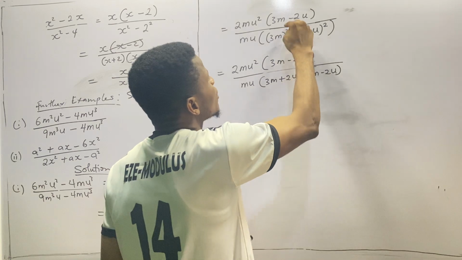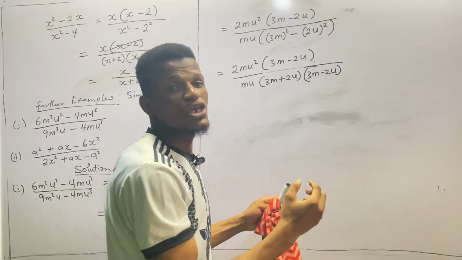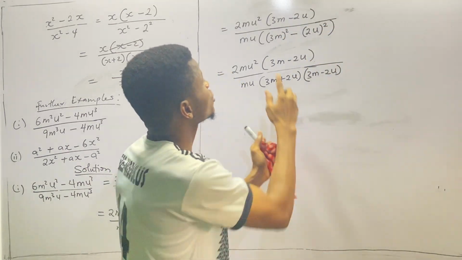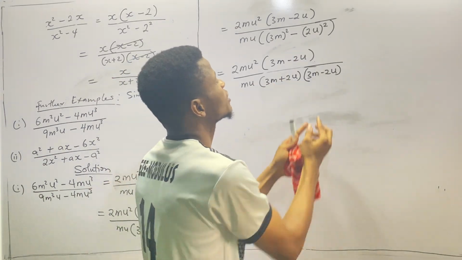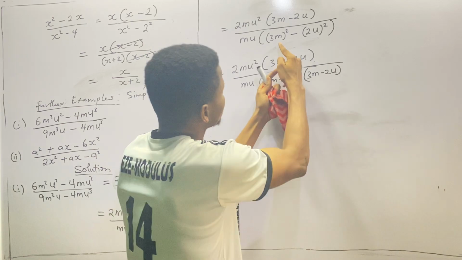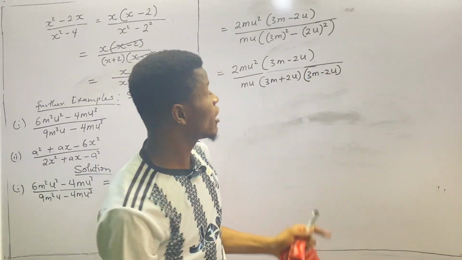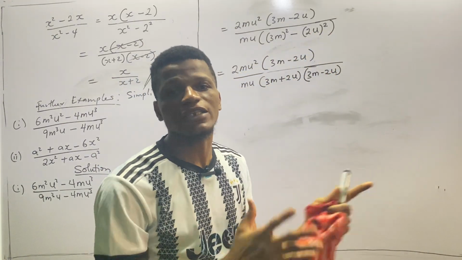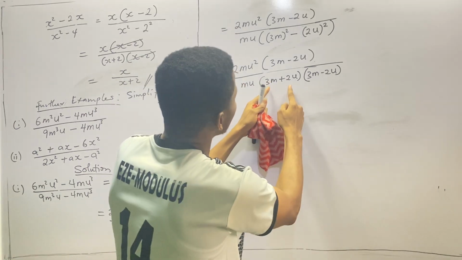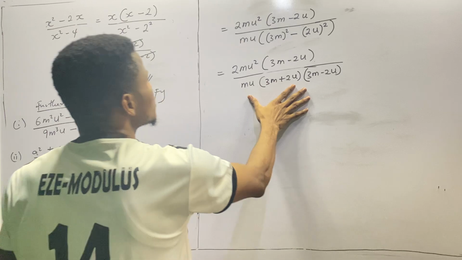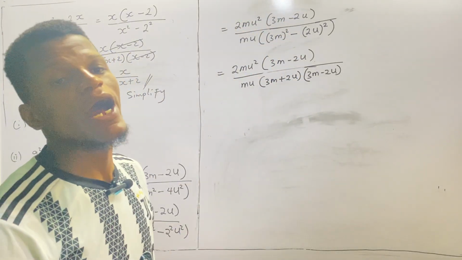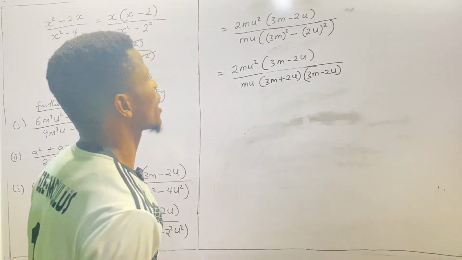So imagine a single term squared minus another single term squared is going to be the sum of the two terms, which is 3m plus 2u, multiplied by the difference of the two terms, which is the same 3m and 2u. So we have 3m and 2u as our two terms, all right? So it should be the sum of the two multiplied by the difference of the two, and that is the complete factorization.